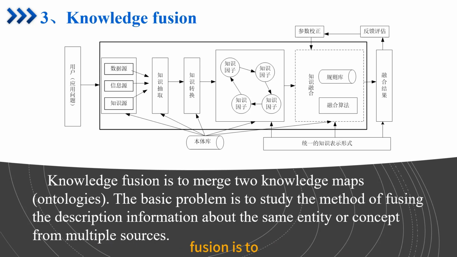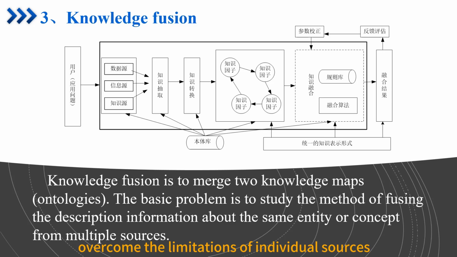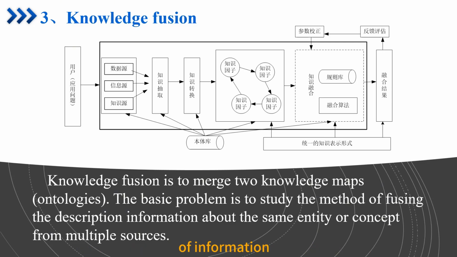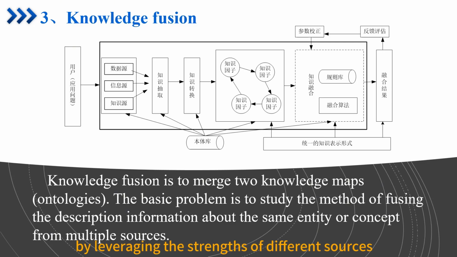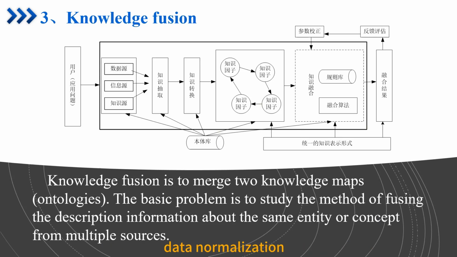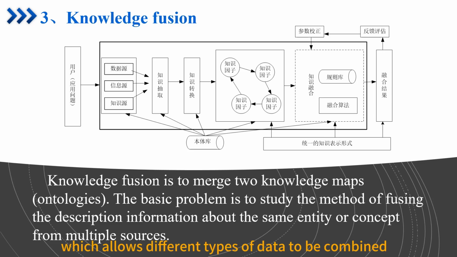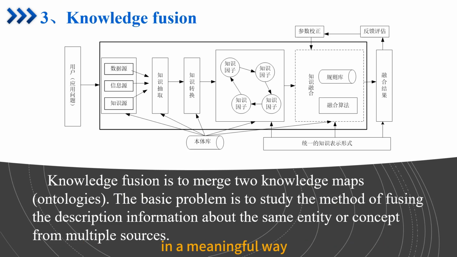The goal of knowledge fusion is to overcome the limitations of individual sources of information by leveraging the strengths of different sources and producing a more complete and reliable picture of the underlying knowledge. In practical terms, knowledge fusion involves techniques such as data aggregation, data normalization, and data reconciliation, which allow different types of data to be combined in a meaningful way.